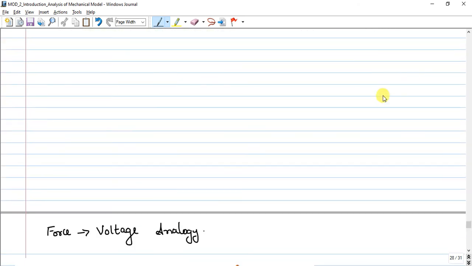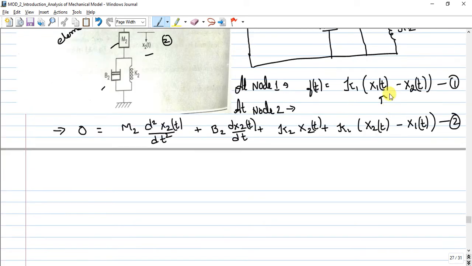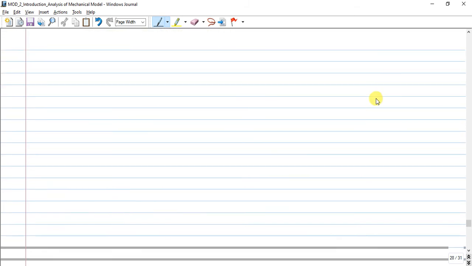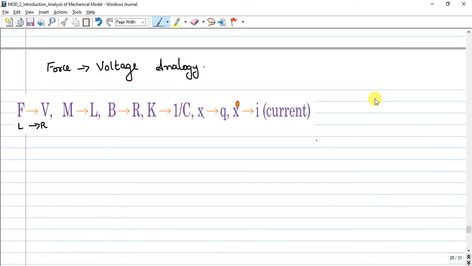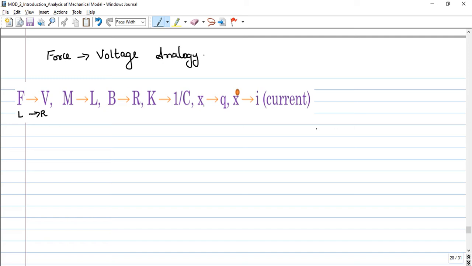The k has to be replaced by 1 by c. So at node 1, while considering the force voltage analogy, we will replace force with voltage, mass with L inductance, B with R, K with 1 by C.